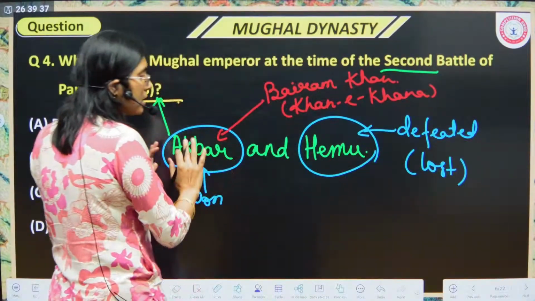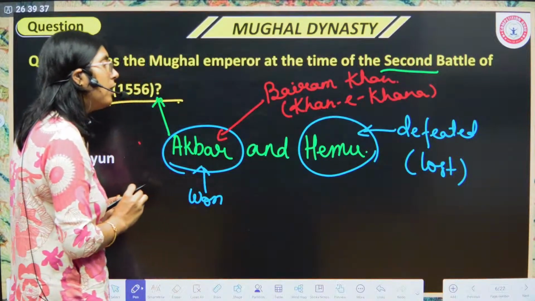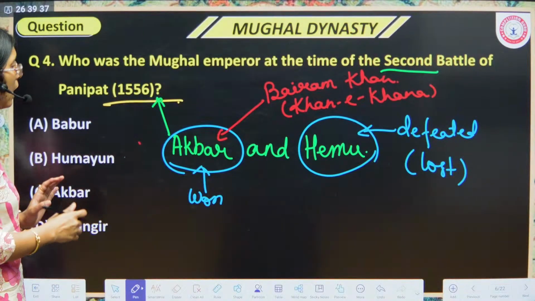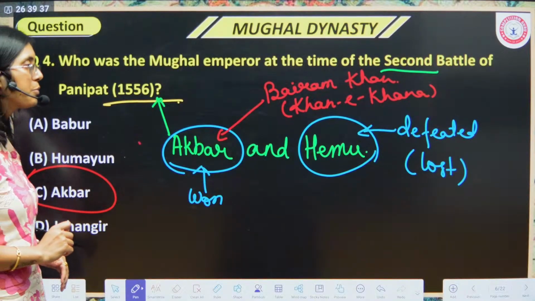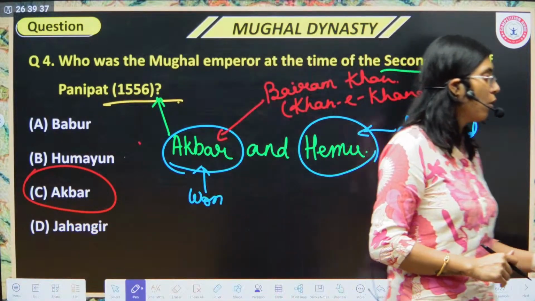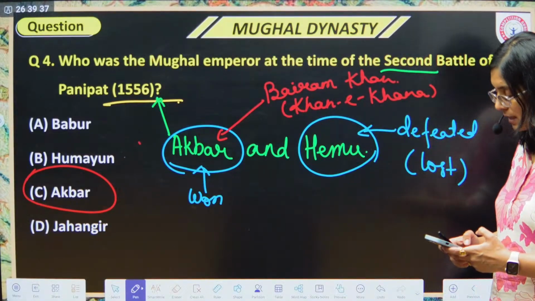So in this way you can remember each and every part of the options. Now again you got the right option, that is Akbar, who won the second Battle of Panipat.